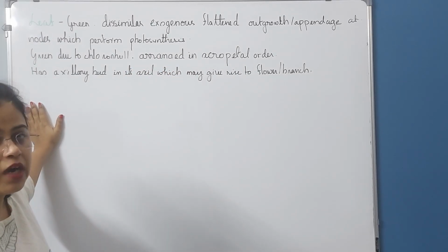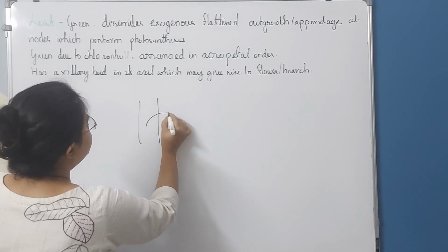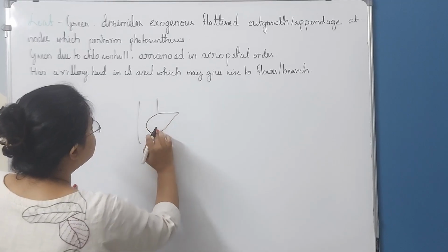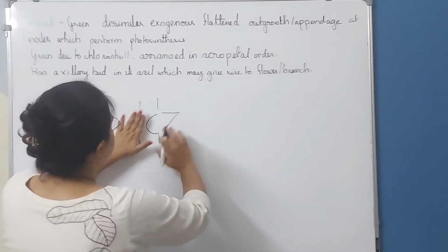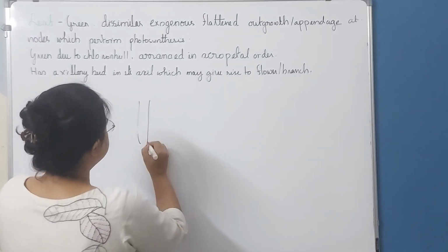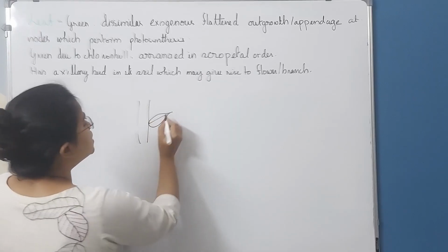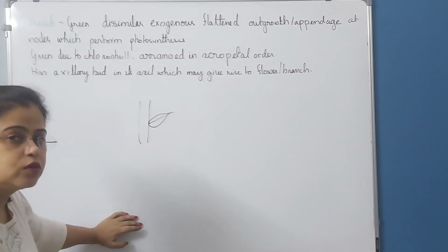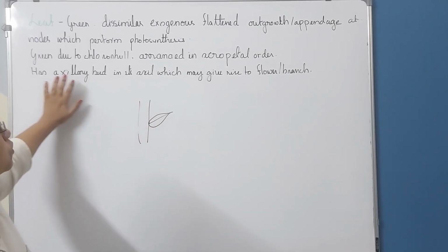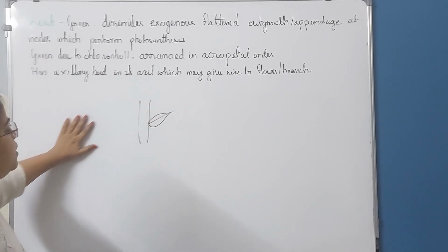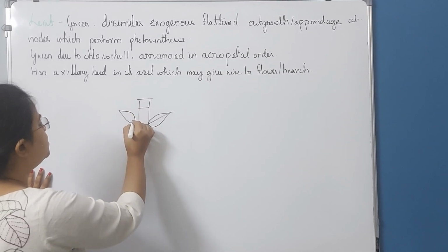Flattened exogenous क्यों कहा जाता है? Because you know this is the stem. ये लीफ का डेवलपमेंट from the inside internal layers of the branch of the stem या ब्रांच से नहीं होता. Leaves are always, this is the stem, here is the bud, it is always exogenous, means outer layer से ही it grows as an outgrowth or an appendage. Okay, flattened outgrowth and appendage, and they are always born at nodes. नोड्स पे ही आपको पत्ते मिलेंगे.